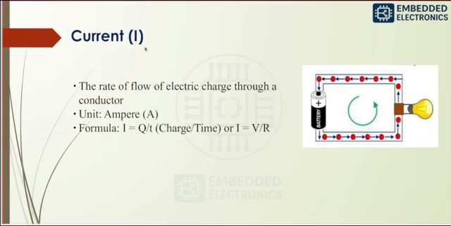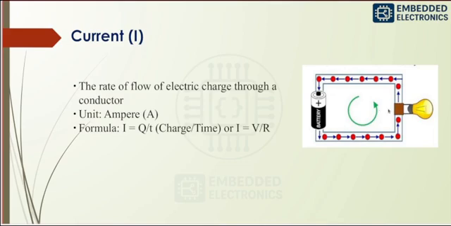Next is the current. It can be represented using the letter I. See in this diagram something is flowing, right? This is nothing but electric charge. So the current is nothing but the rate of flow of electric charge through a conductor.